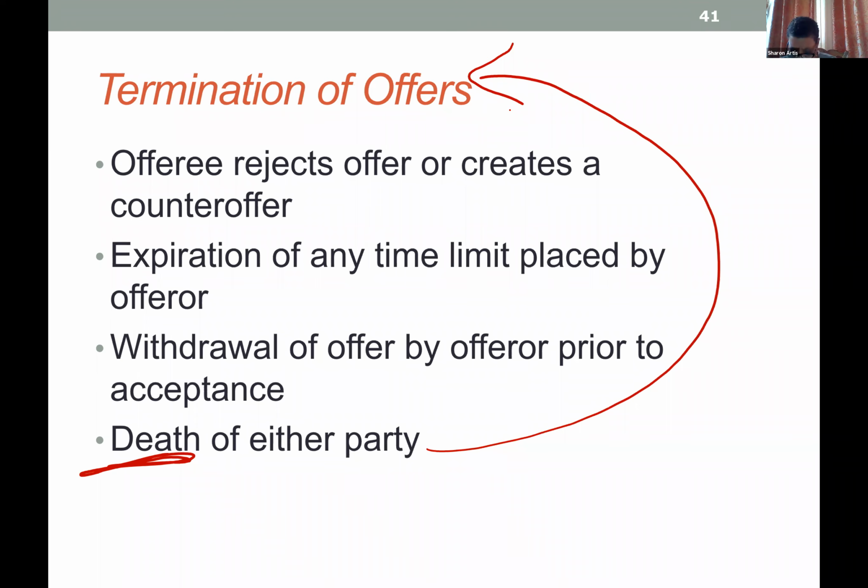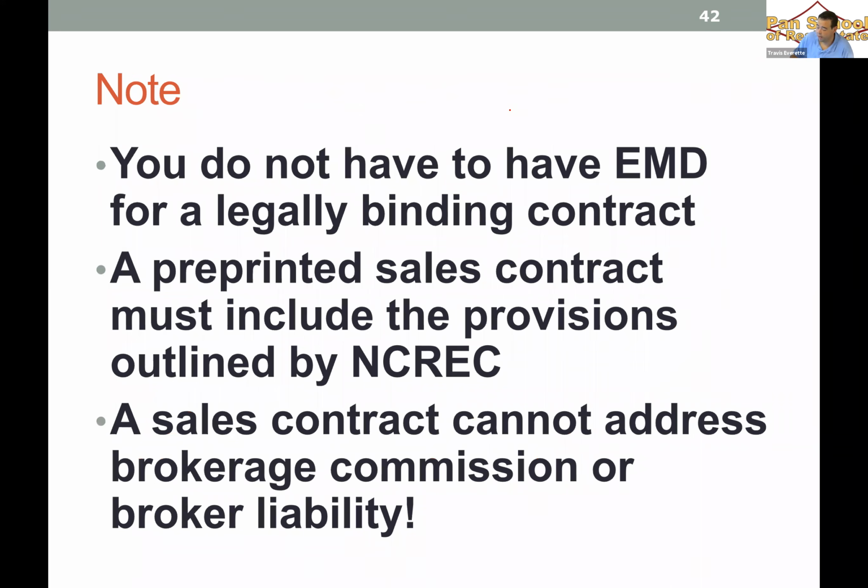So once it was under contract, if the buyer dies, are we still under contract? Yes. The seller dies, does their family still have to sell the property to the buyer? Yes. But if we're at the offer stage and one of the parties dies, the offer goes away. So contracts survive death, but offers do not.